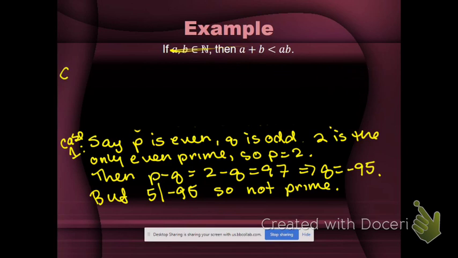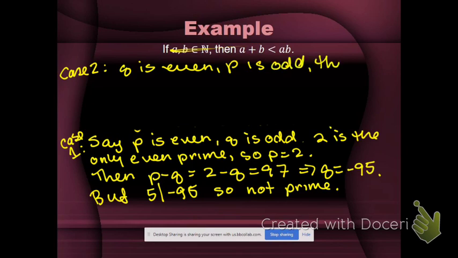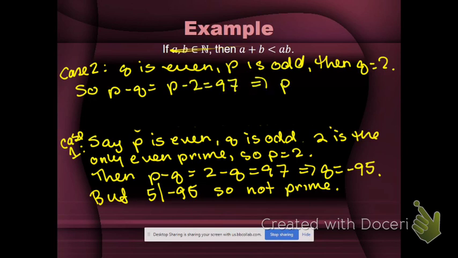So what about the second case? Case 2, Q is even, P is odd. In that case, Q is equal to 2. So P minus Q would be P minus 2, and that's supposed to be 97, but that would imply that P is 99.